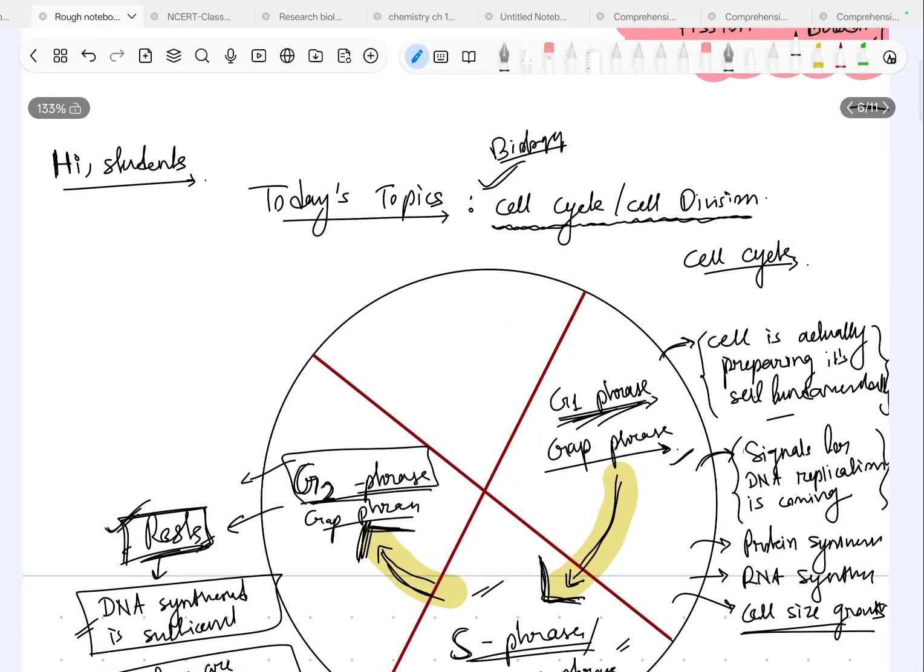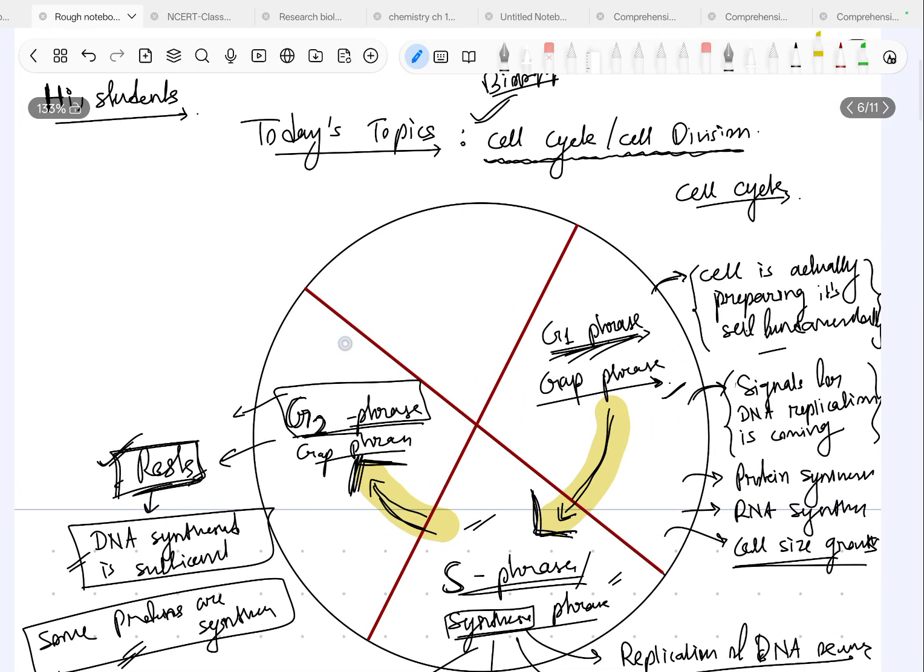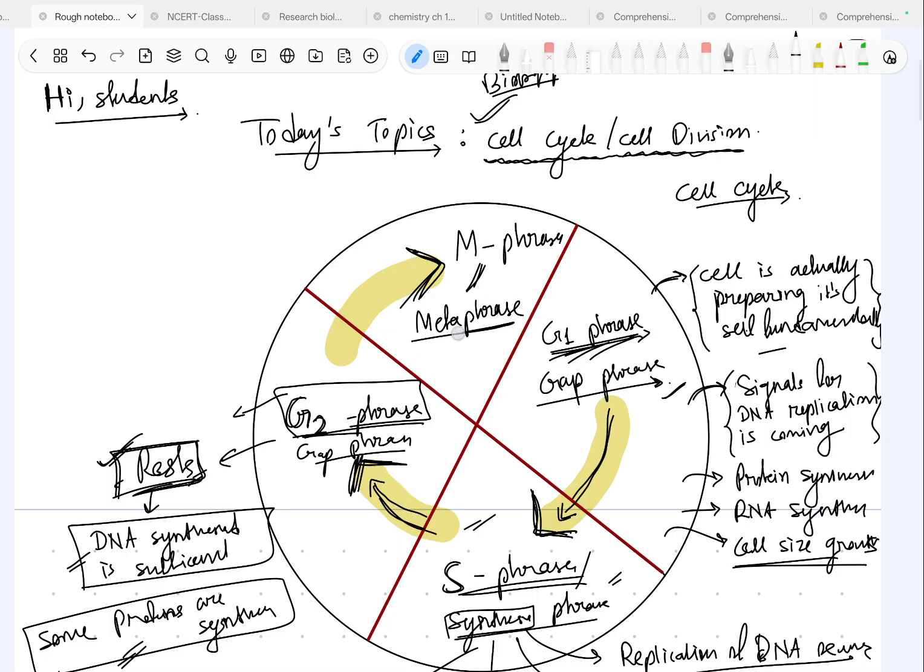Then we will proceed to the M phase. We can say M phase or mitotic phase.